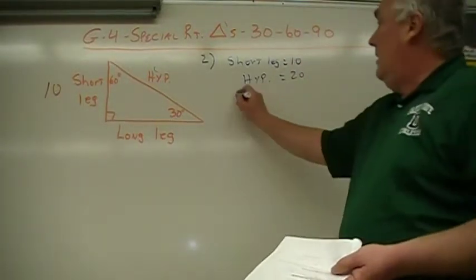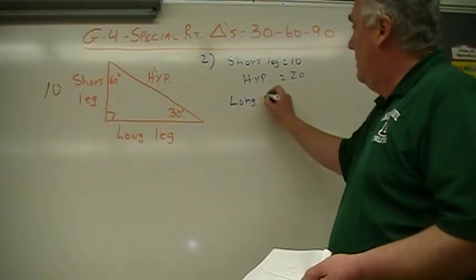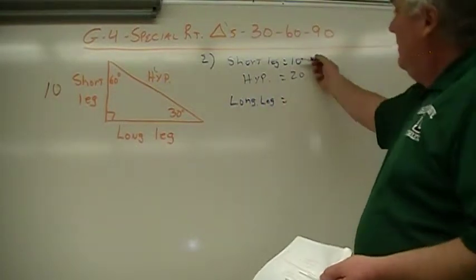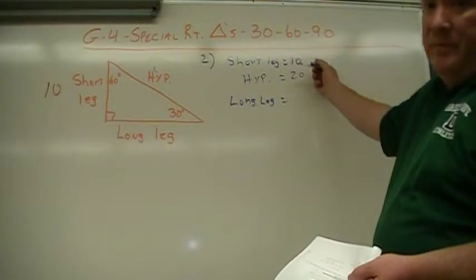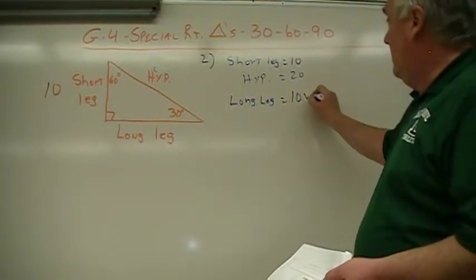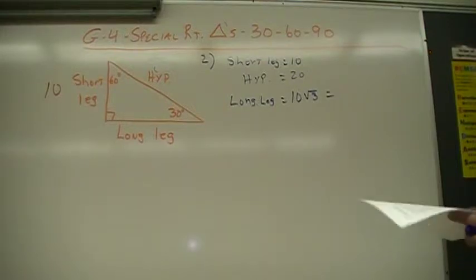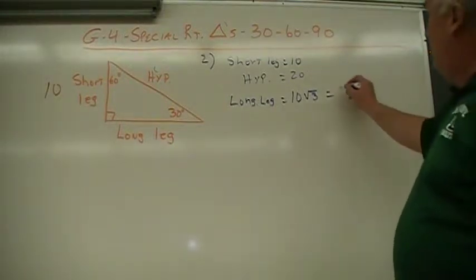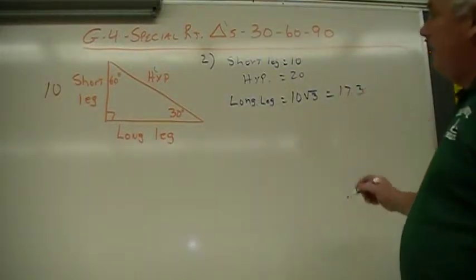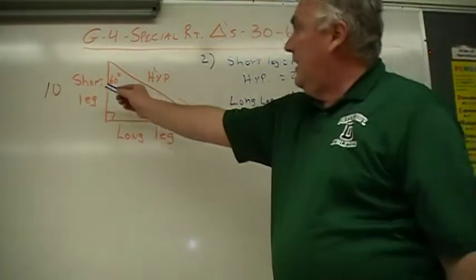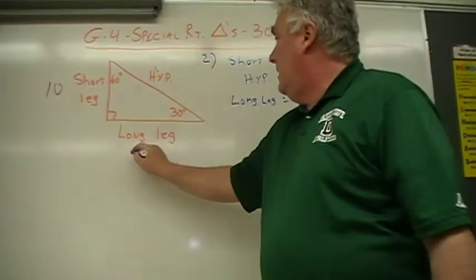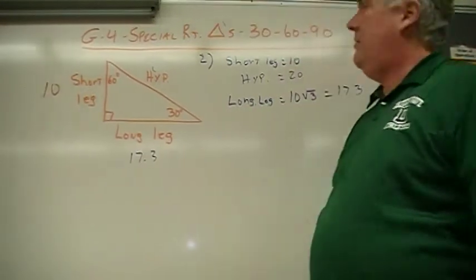The longer leg is square root of 3 times the shorter leg. 10 times the square root of 3. And if we do the math out on that one, we'll get 17.3. So if the short leg is 10, the long leg 17.3.